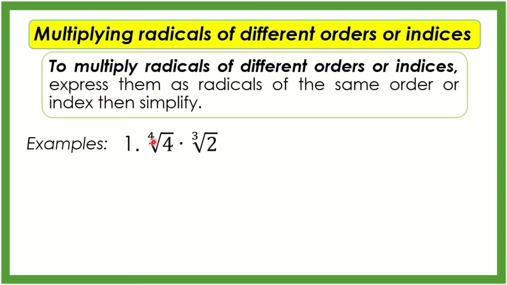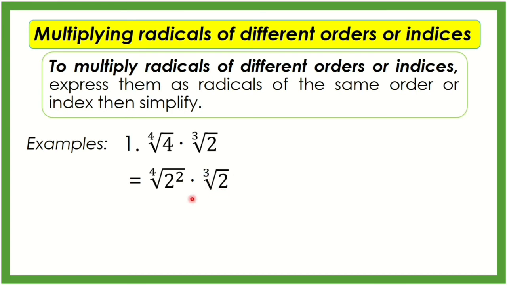Different ang kanilang order or index. 4 yung una, 3 naman yung pangalawa. Ang gagawin natin, i-express muna natin with the same order. Gagawin natin parehas yung kanilang order. Pwede nating isulat ang fourth root of 4 as fourth root of 2 squared times cube root of 2.